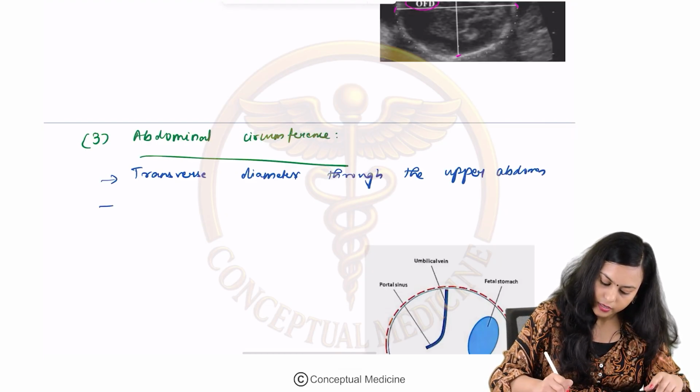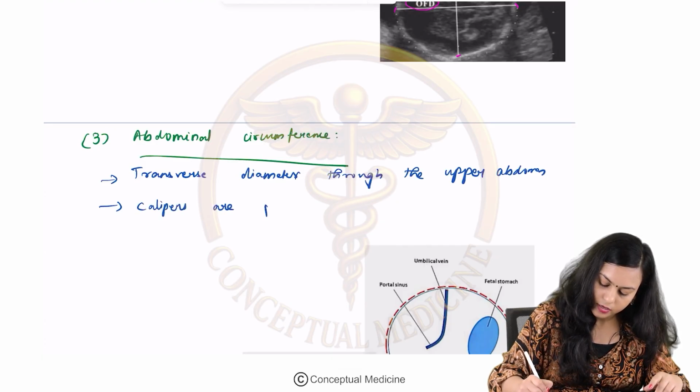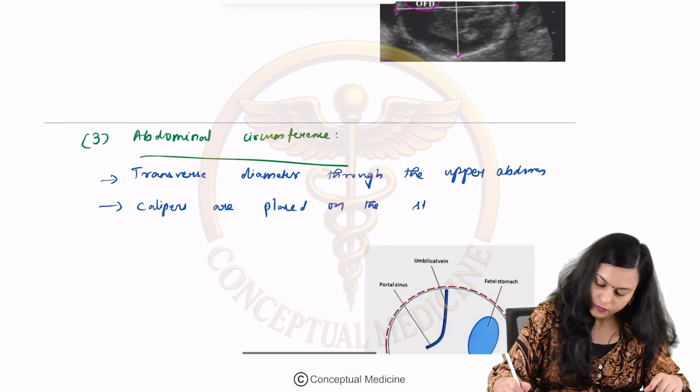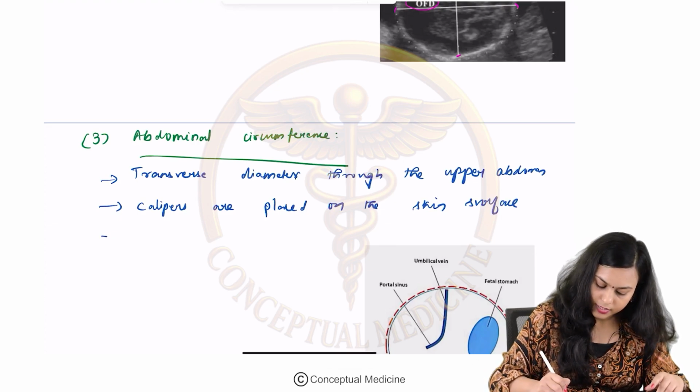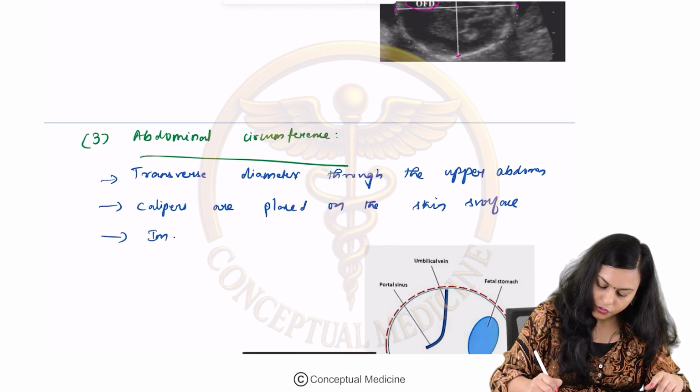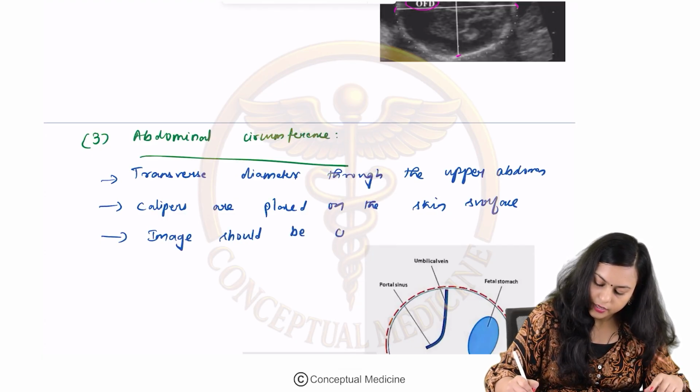Calipers are placed on the skin surface, and while measuring abdominal circumference, the image should be circular in shape.